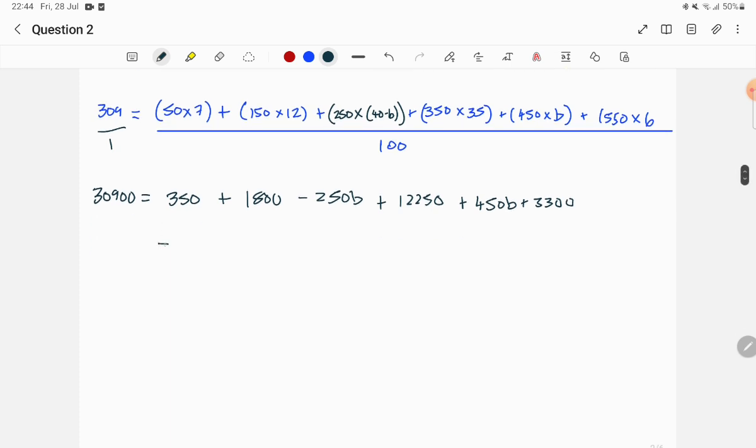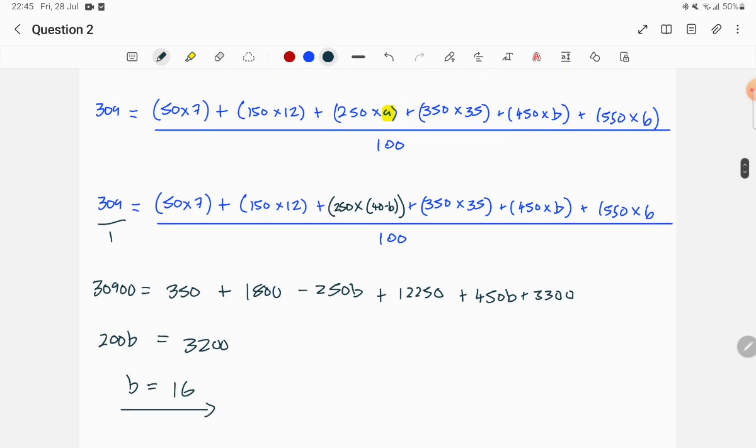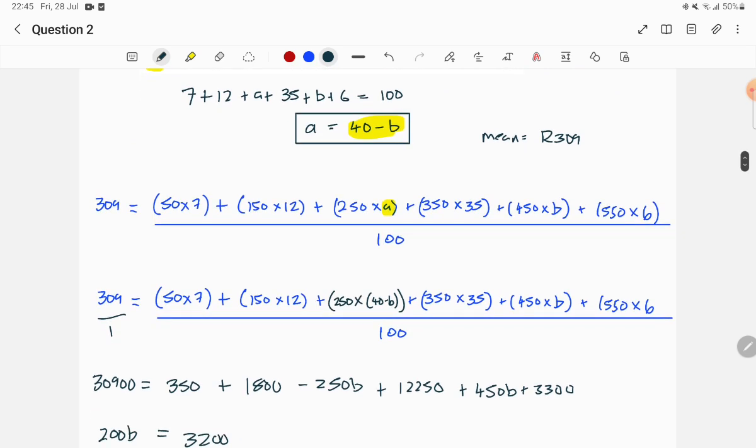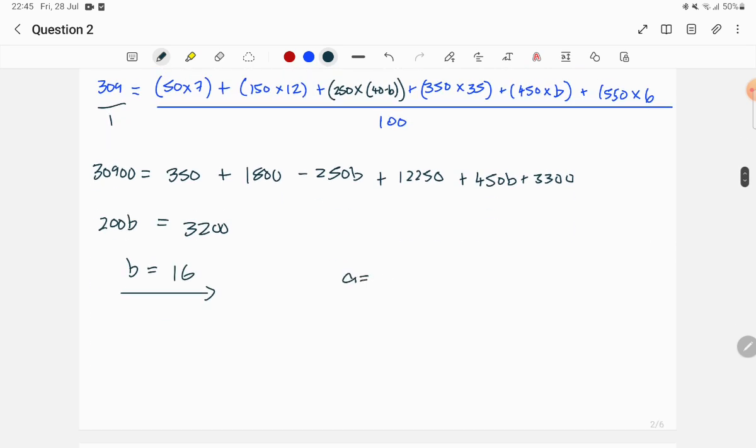Thereafter, if we add up all like terms and make all the B terms positive on the right hand side, we end up with 200B equals 3200. Thereafter, B equals 16. And if we put 16 into the equation of 40 minus B, A equals 40 minus 16, which is 24.